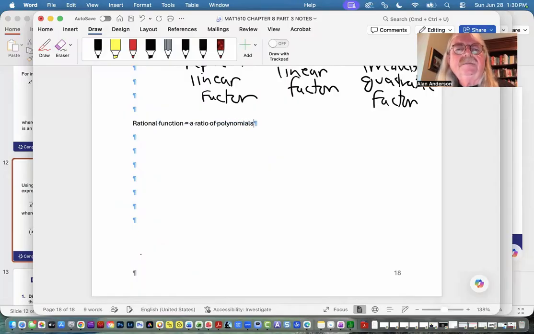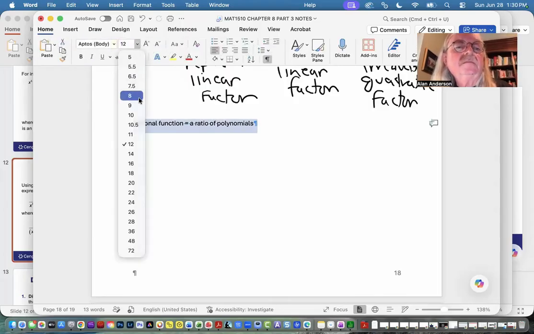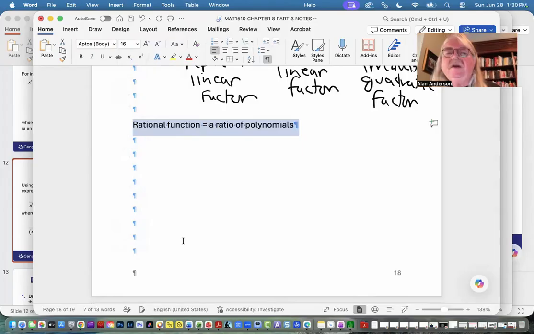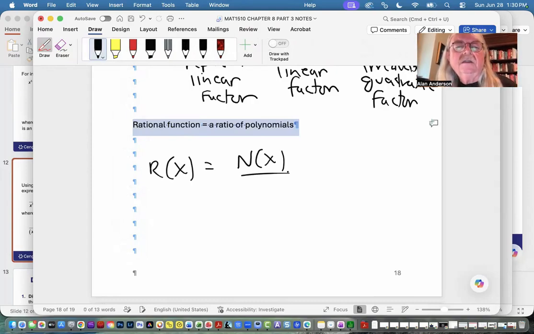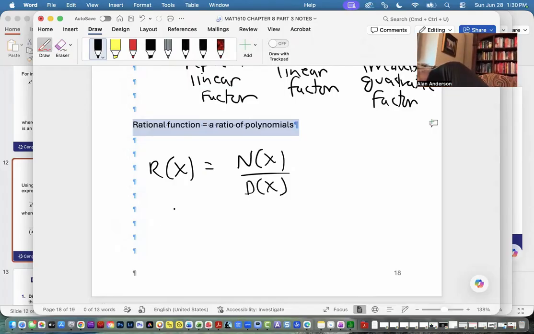All right, so I just want to quickly review something important too. If you have, let's say, I'll just call it R of X, and these are both polynomials. Now, if you remember, the highest exponent in an expression is the degree of that expression.